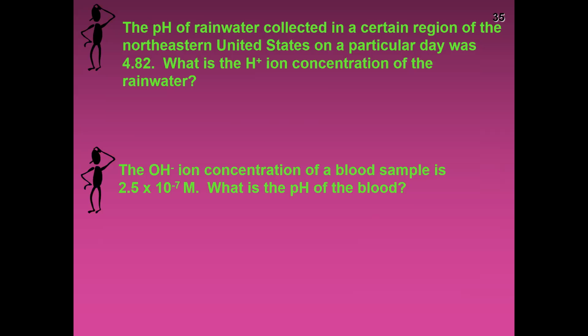So in this case, this is going to be the second anti-log of negative 4.82. And that's going to give you the concentration, 1.51 times 10 to the negative 5.